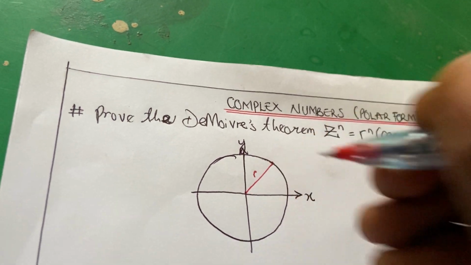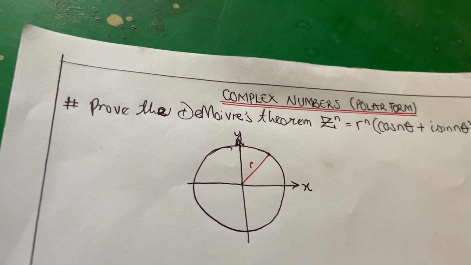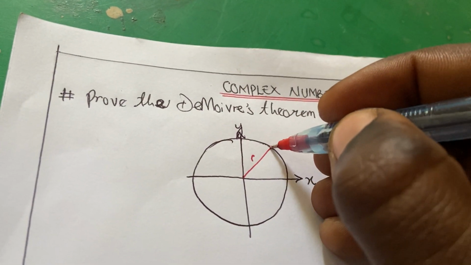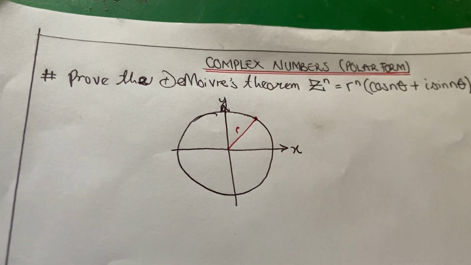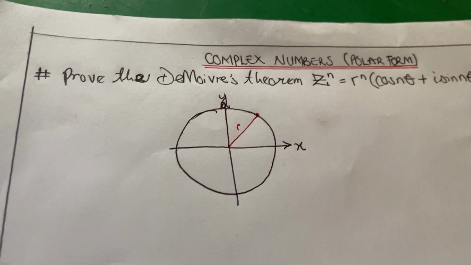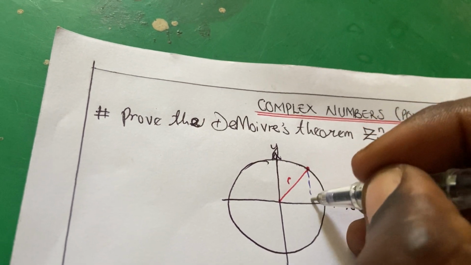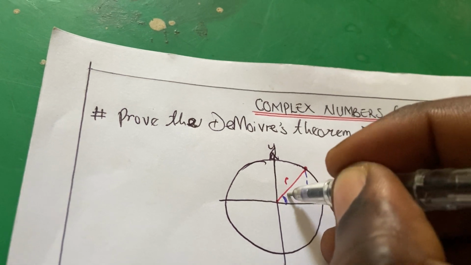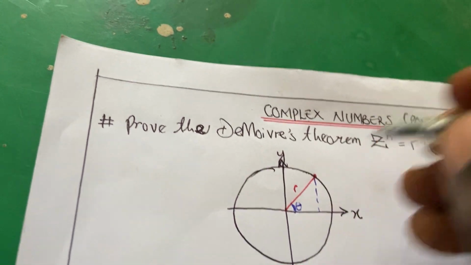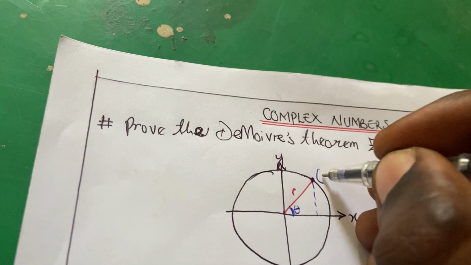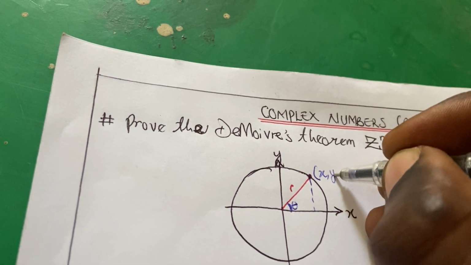I'm going to give it r. Now we're going to resolve r to the y-axis and to the x-axis. The angle to the horizontal is theta. At this point, I'm going to call it x comma y.